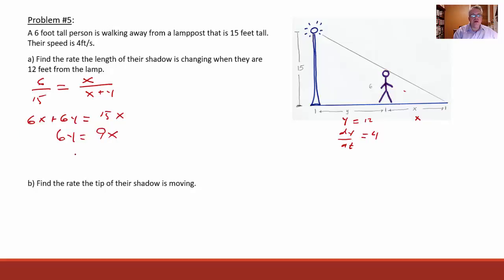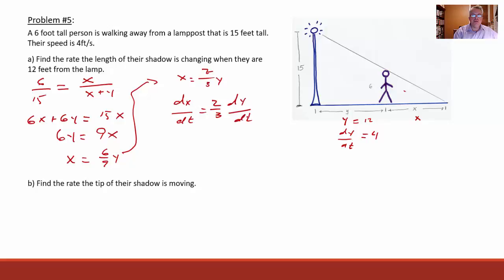I want to solve for x, so I get x is 6/9 y, or x is 2/3 y. So dx dt would be 2/3 dy dt.